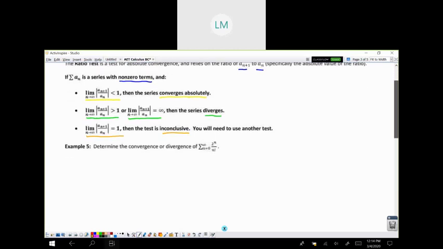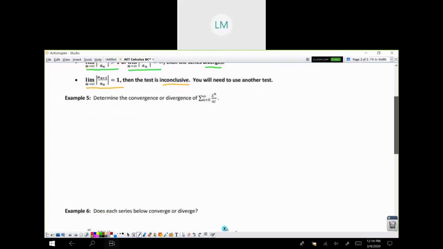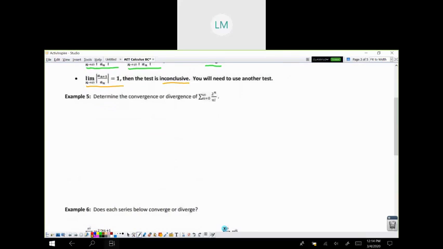So I'm going to do one example, and then we're going to look at one where it's inconclusive, and then I will go on to the root test. So we need the limit as n goes to infinity, the ratio of the n plus 1 term over the nth term.